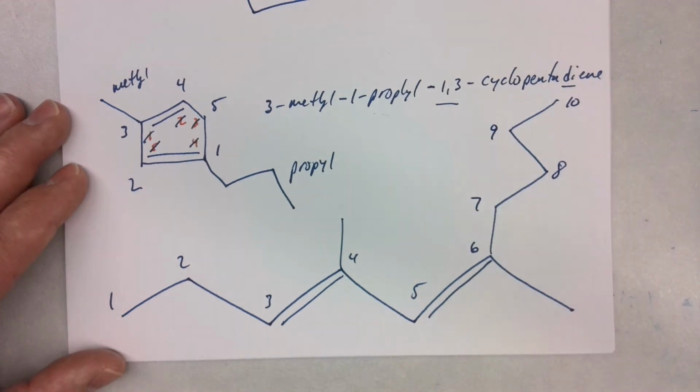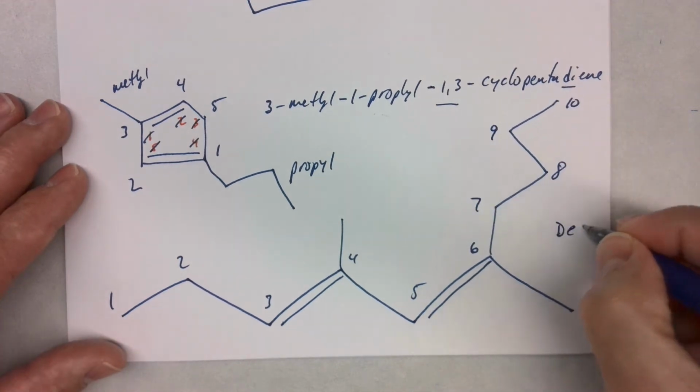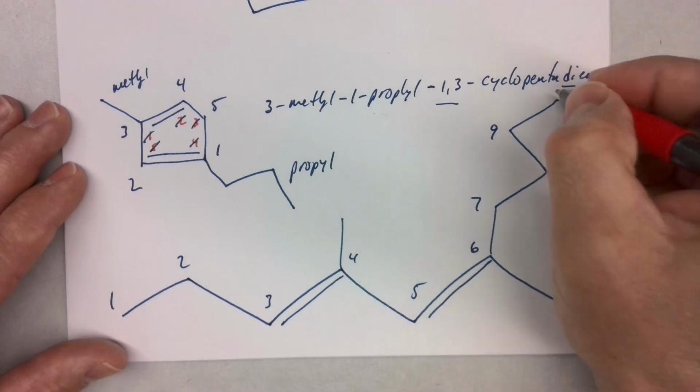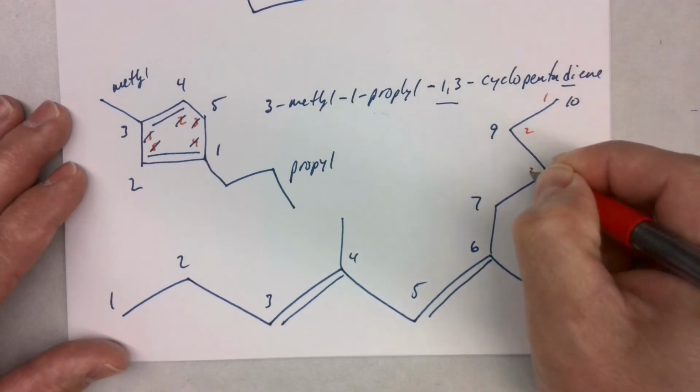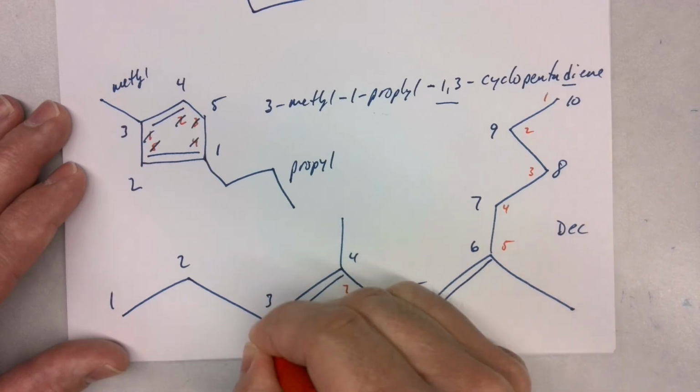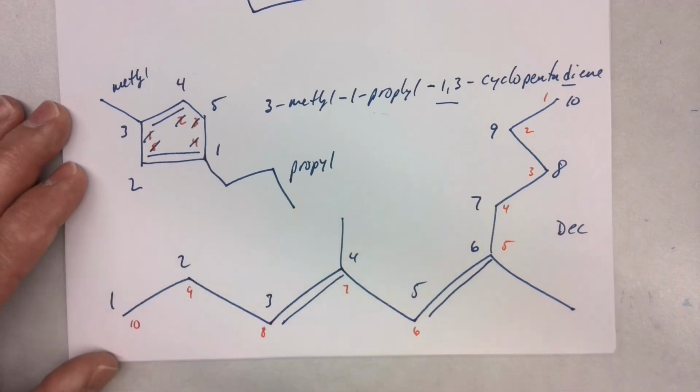So no matter what it is, this is going to be some kind of dec, correct? Yes? Or no? Okay. Now, if I went the other way, I went with red, I'd have 1, 2, 3, 4, 5, 6, 7, 8, 9, 10, right?